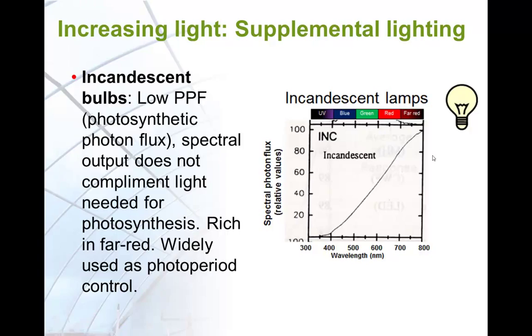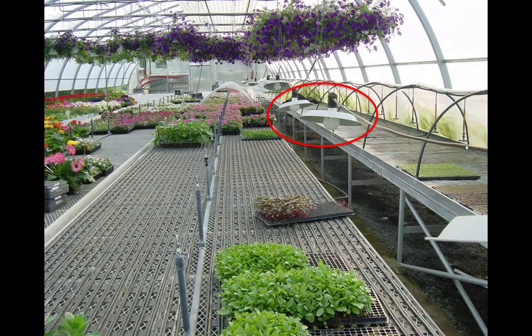Therefore, incandescent lamps have been considered a very unique and important light quality for photoperiodic control. However, because of the energy inefficiency, we are in need to develop something to replace incandescent lamps, and some companies already developed replacement lamps based on light emitting diodes, LEDs. And this is incandescent lamps installed in a floriculture greenhouse, of course, for flowering control.